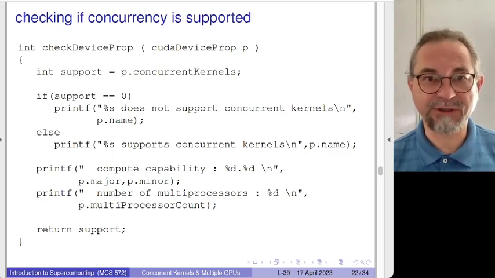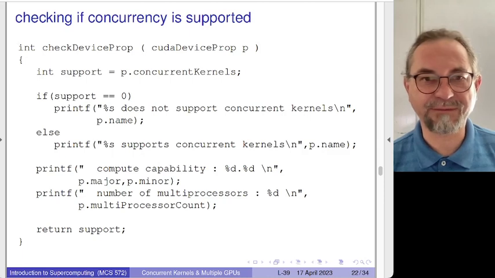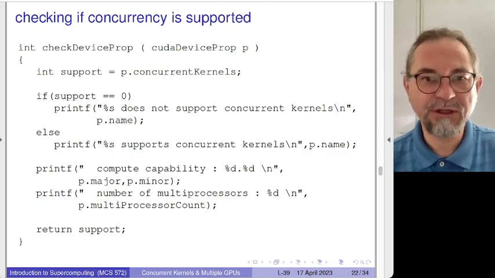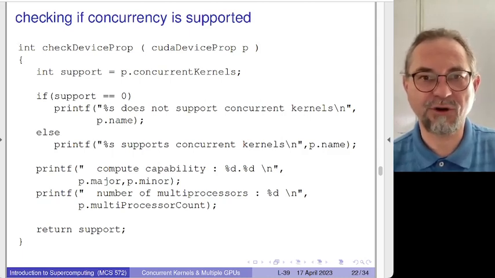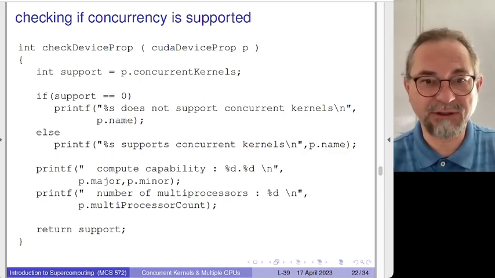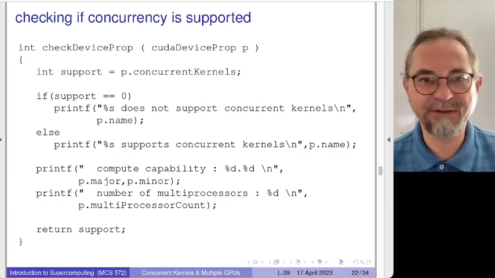What this wrapper function does is give the value of the flag, saying whether this GPU supports concurrency or not. It also prints out the compute capability, a major and a minor, and the number of multiprocessors that are available.